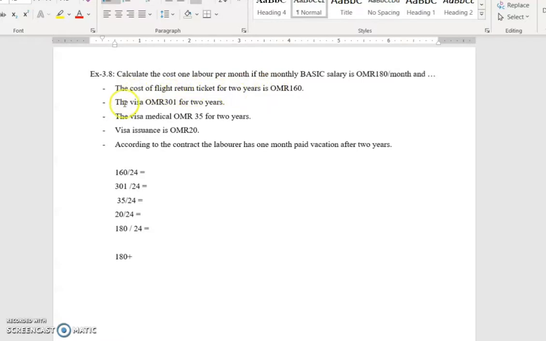After 2 years, the visa we are paying for him. The visa medical also we are paying for him. Visa issuance, and according to the contract, the laborer has 1 month paid vacation for 2 years, and maybe we can include the insurance also. Okay, let's talk here about these items. First of all, this is his basic salary, but we cannot count that this is the salary that we are giving to the laborer because we have, as we said, some different other items that we pay for.